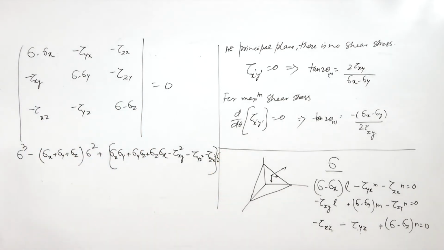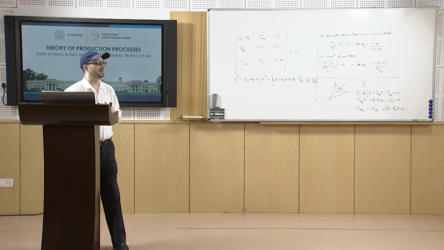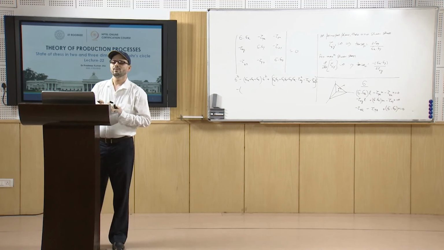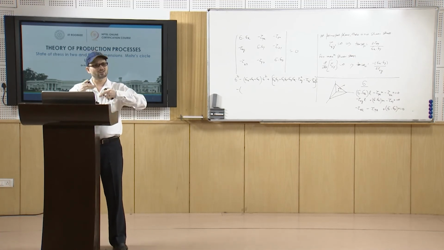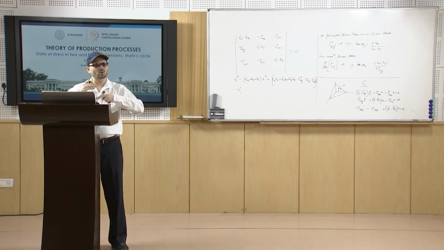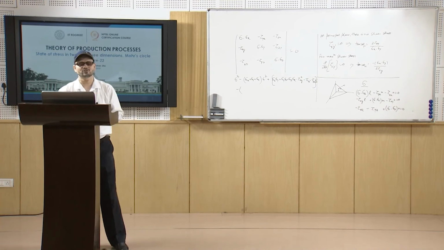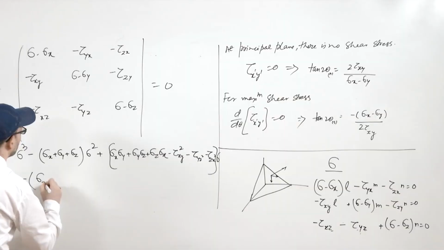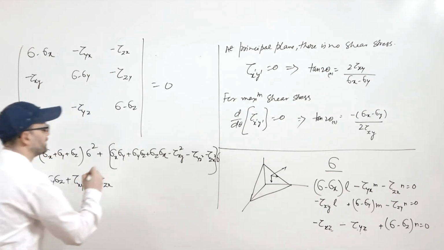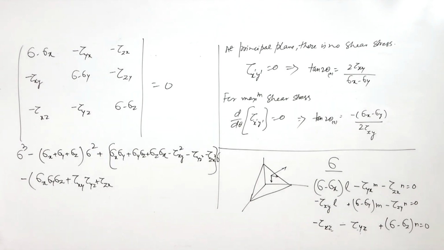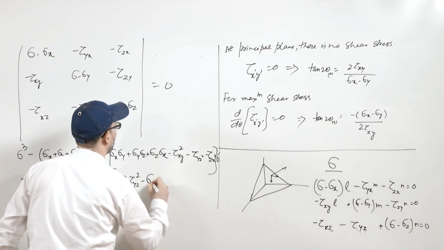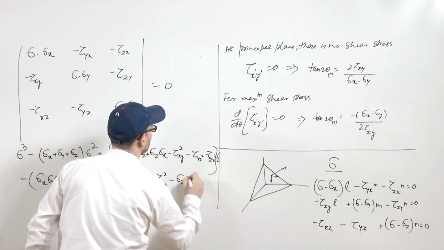Further, the last term will be minus of sigma x sigma y sigma z plus 2 tau xy tau yz tau zx, then minus sigma x tau yz square minus sigma y tau zx square minus sigma z tau xy square.